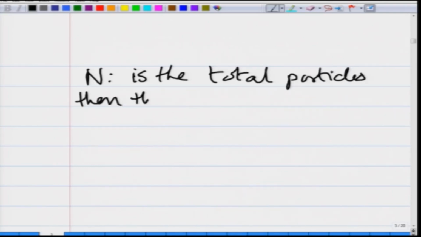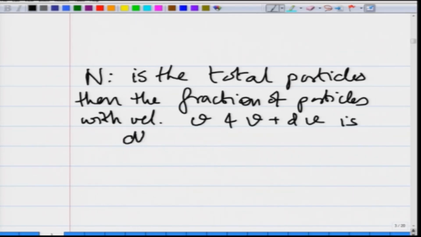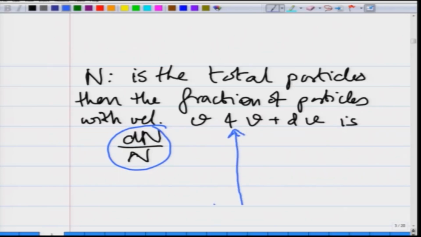then the fraction of particles with velocity between v and v plus dv is dN over N. Now, this fraction, the number of particles which have a velocity between v and v plus dv out of the total number of particles, has a certain probability distribution.